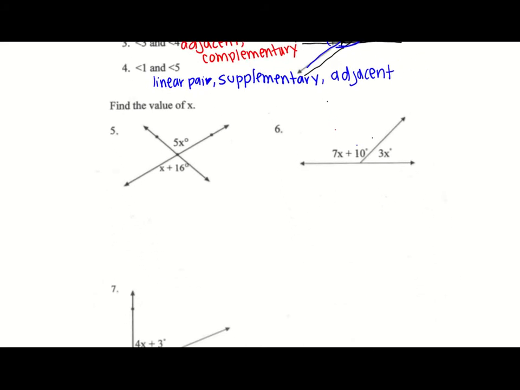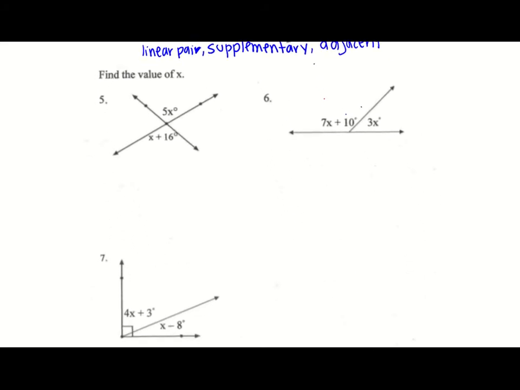Okay, let's look at 5 and 6 next. Number 5 is asking us to find the value of x. The first thing I'm going to do is look at these angles and see what relationship they have to each other. My angles here are straight across from each other. That means they are vertical angles. And vertical angles, I just learned, were congruent to each other.